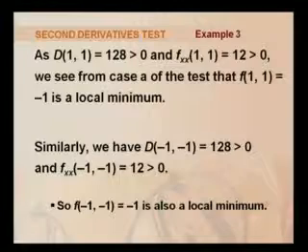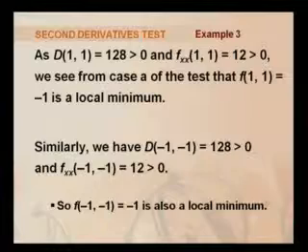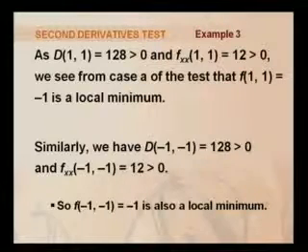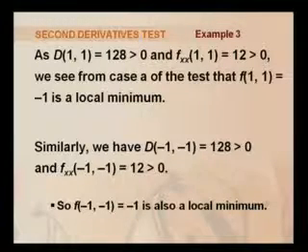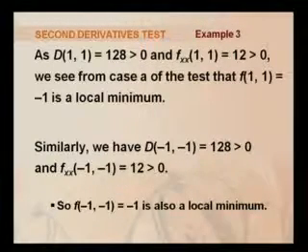We have already known the value of fxx, and if we find the value of fxx at the point (1, 1), it is also greater than 0, and this is case A. In case A, we have discussed that if D is greater than 0 and fxx is greater than 0, then the function has a local minimum at the point. So here D is 128, greater than 0, and fxx is equal to 12, which is greater than 0.